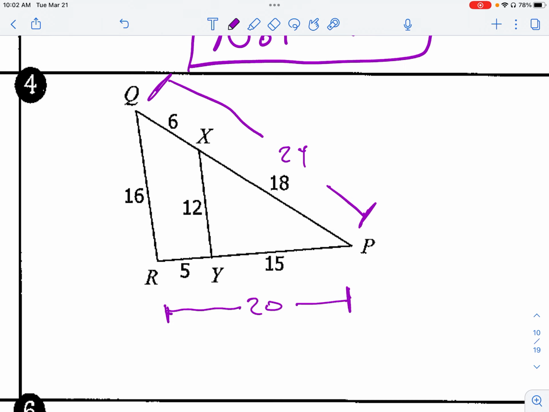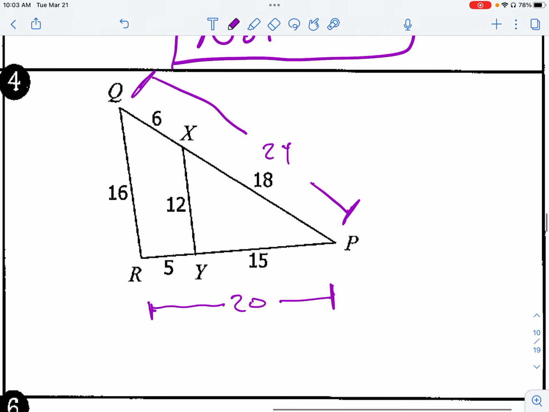And they only gave us a bunch of sides, so we're going to look and see if we can get side, side, side. So let's see, we can do 18, and 24 is the longest here. Sorry, not the middle, the longest and longest.